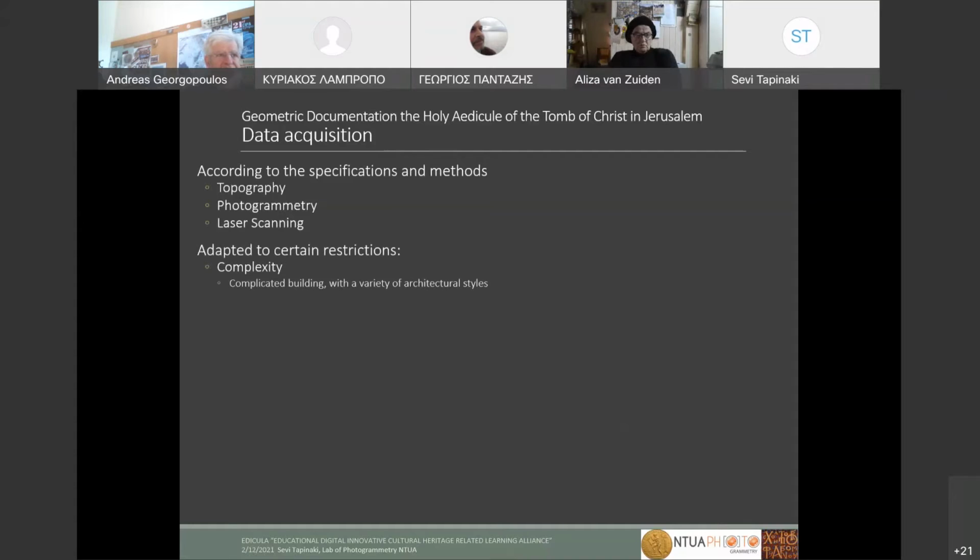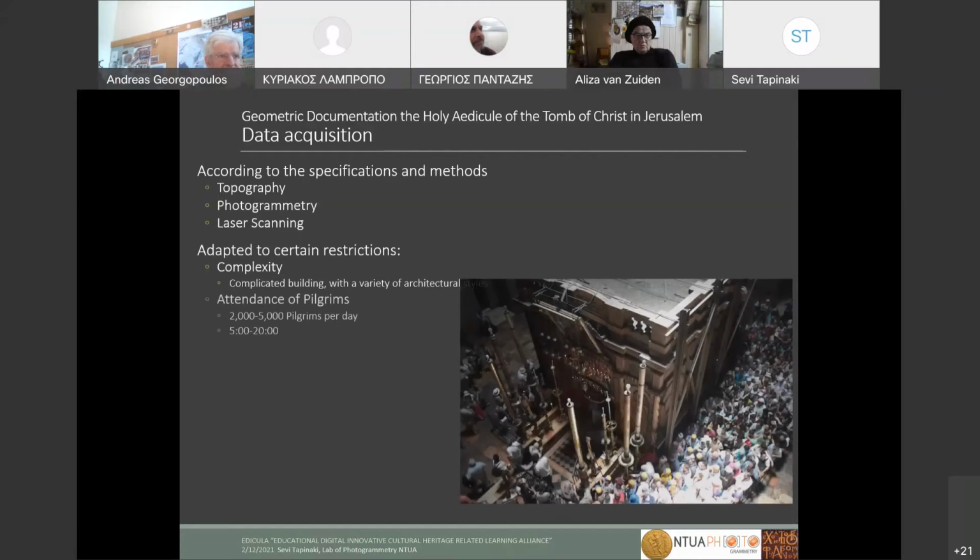Data acquisition was done according to the specifications and the methods we would apply each time. All methods and procedures of acquisition had to be adapted to certain restrictions imposed by the complexity of the building, the attendance of pilgrims that I just mentioned before, and the continuous interventions.